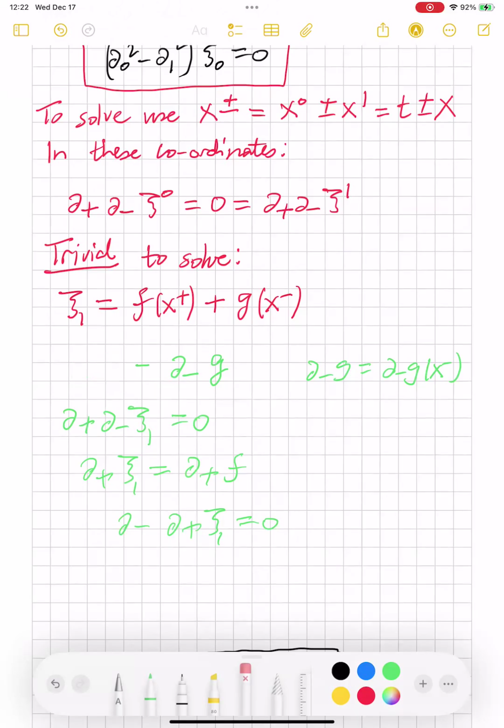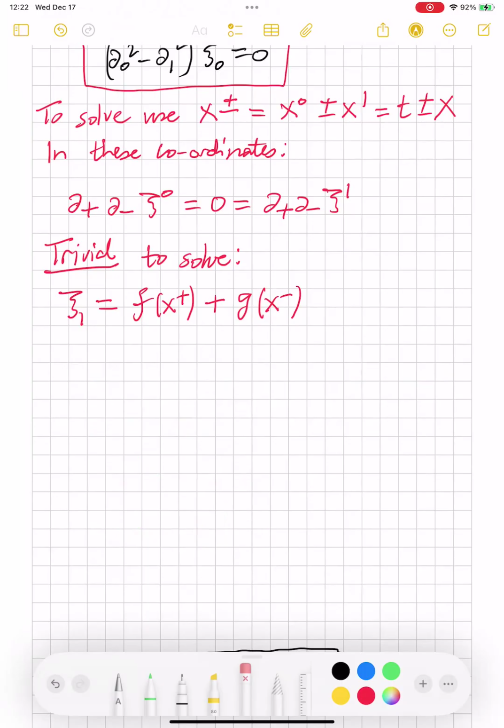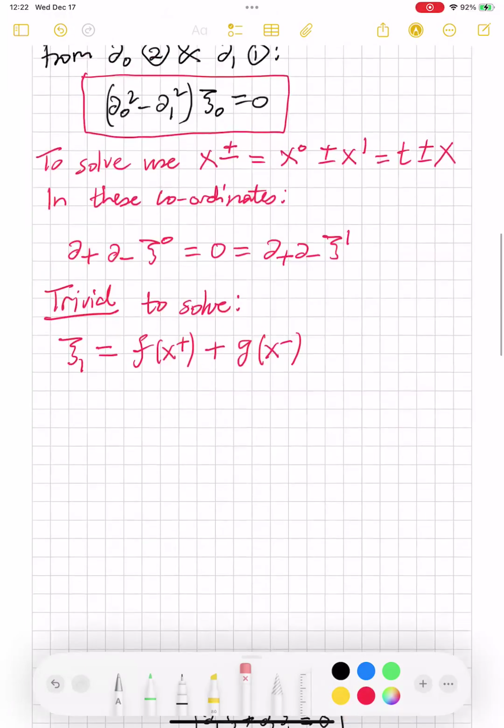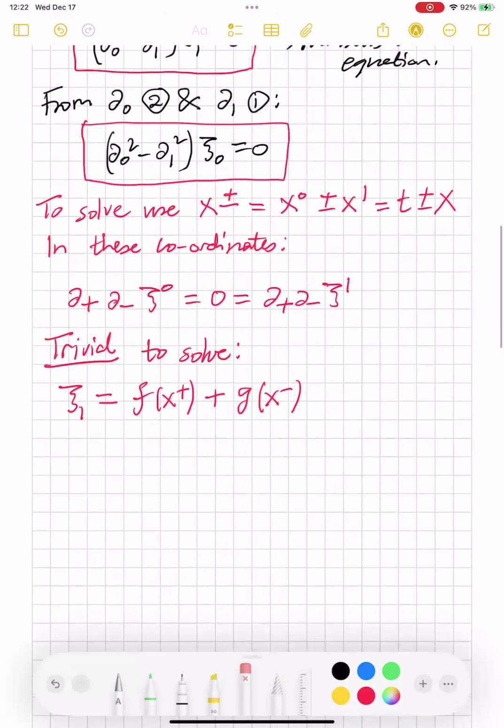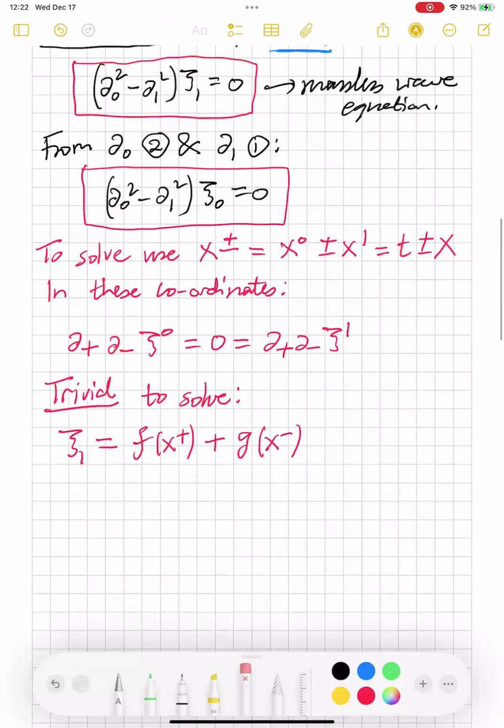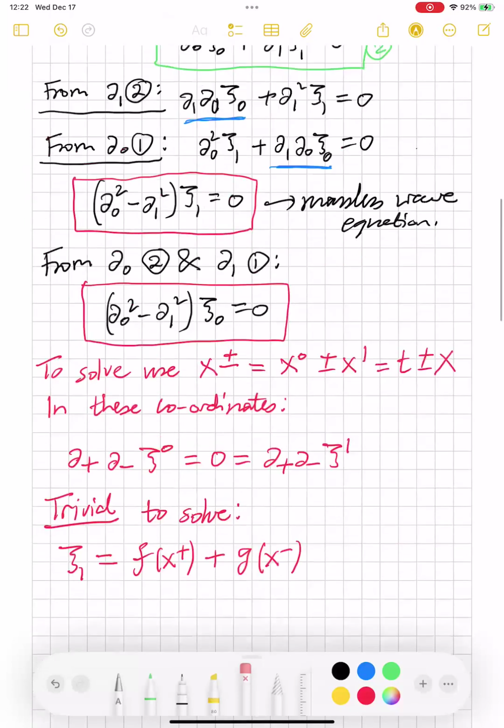Okay, we don't need this anymore. Let's remove it. Now, be careful. You might think it's equally trivial to write a solution for zeta naught, but for zeta naught we have to take into account equations 1 and 2.